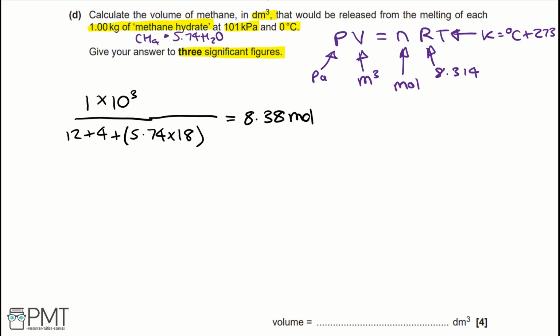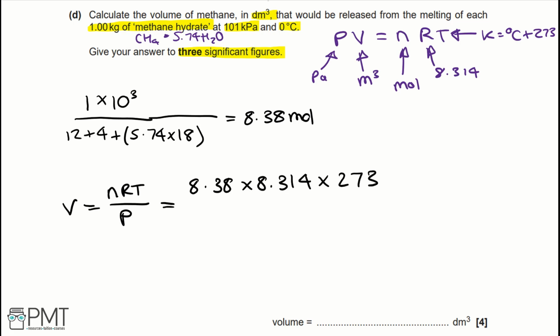Then we need to rearrange our ideal gas equation to get volume. So rearranging, we get nRT divided by P. If we plug in our numbers, 8.38 multiplied by 8.314 times 273, because our degrees Celsius is 0, divided by 101 kilopascals, we want it in pascals, so we times by 1,000.